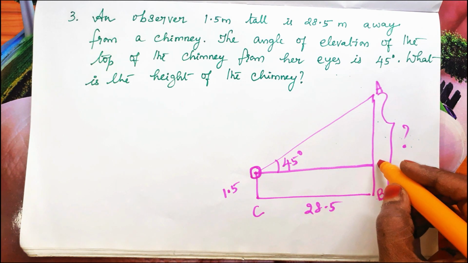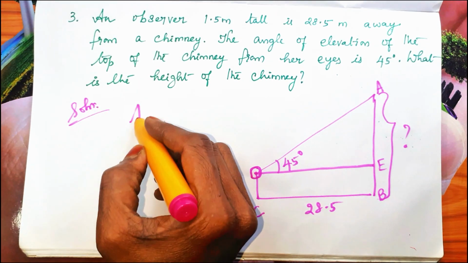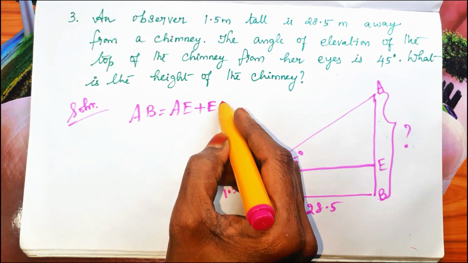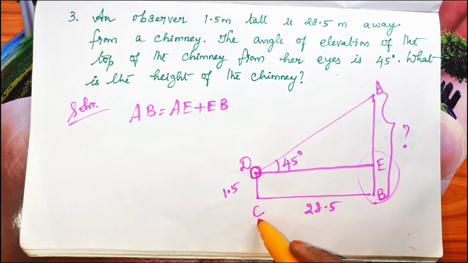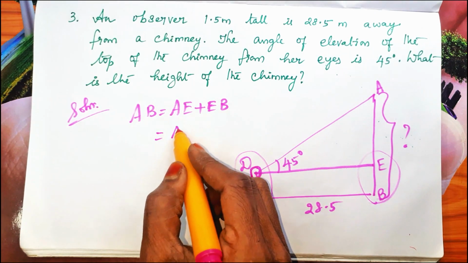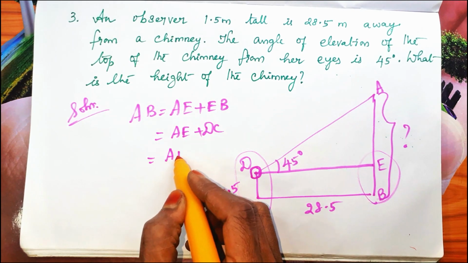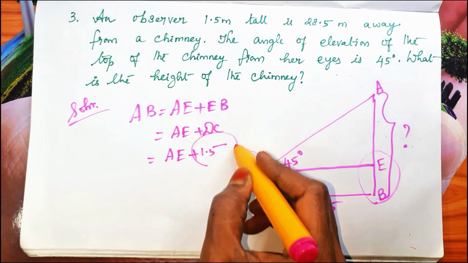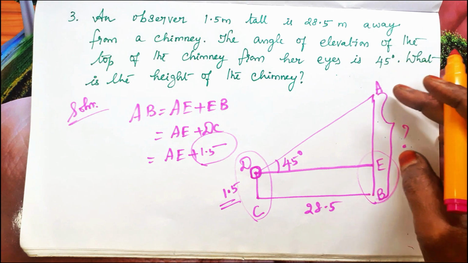If I take this as E, the distance AB can be written as AE plus EB. If I take this point as D, EB is equal to DC. What is DC given? 1.5. So AE plus DC, which is equal to AE plus 1.5. This 1.5 has to be added after the calculation of AE.